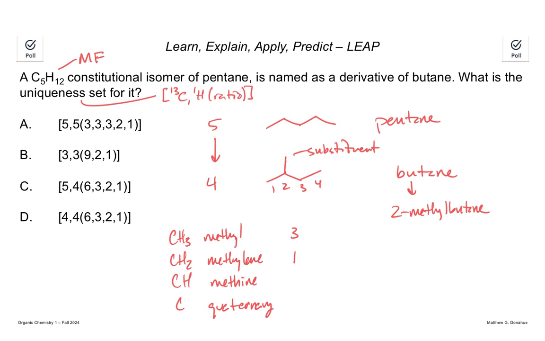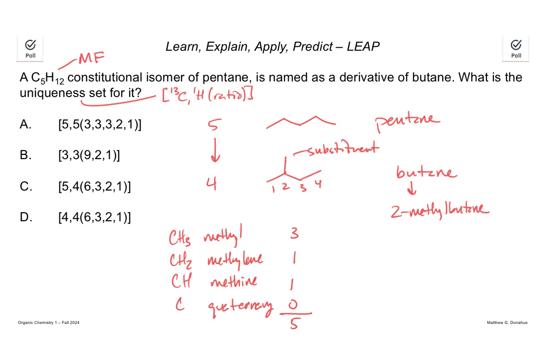So carbon number 3 is a CH2 group. What about methine, CH? Just 1. And there are no carbons that have no attached hydrogens. So if we total that up, we get 5. So that's the total number of carbons.